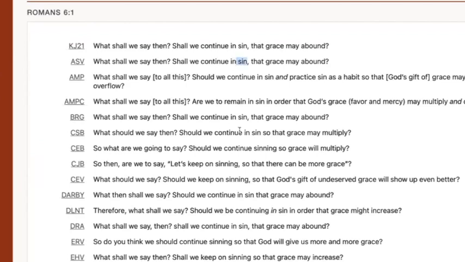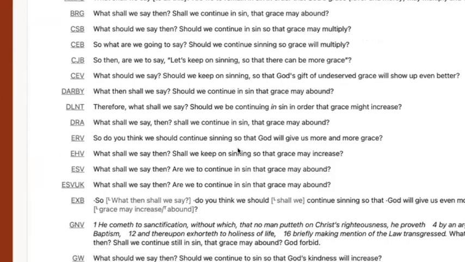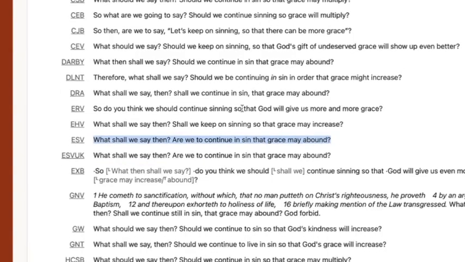In the original Greek, sin is actually a noun. Paul's talking about sin as a thing. Let's go to another literal one, ESV. What shall we say then? Are we to continue in sin that grace may abound? Almost exactly the same.